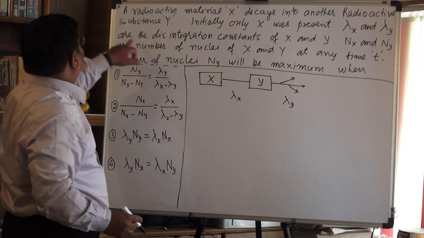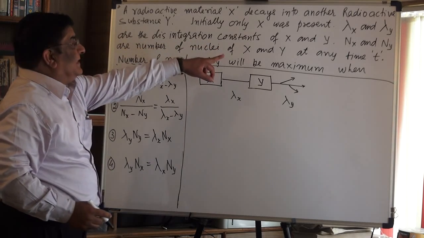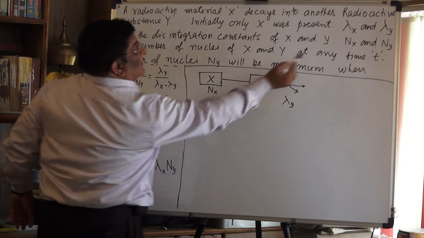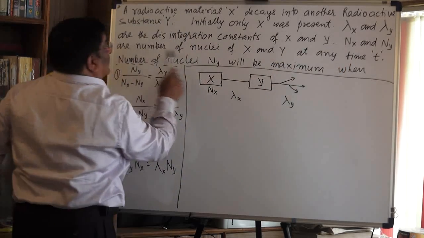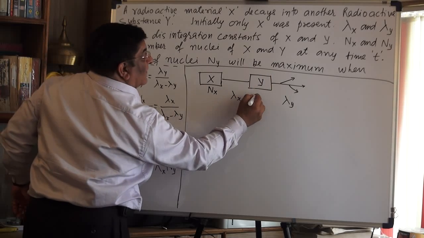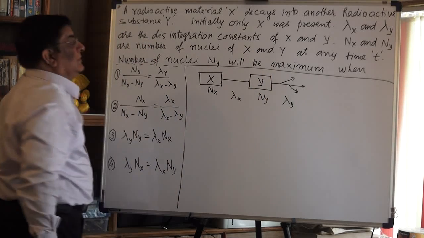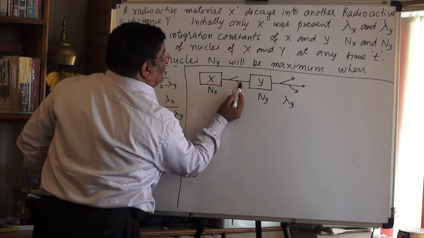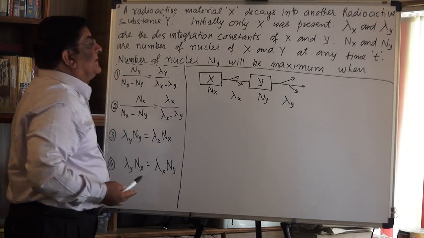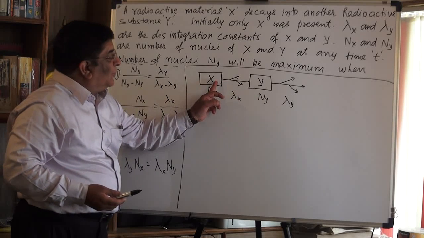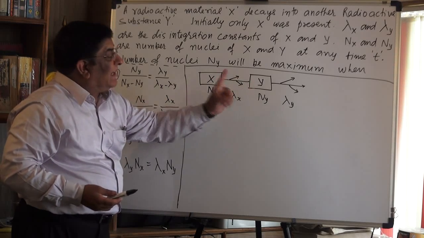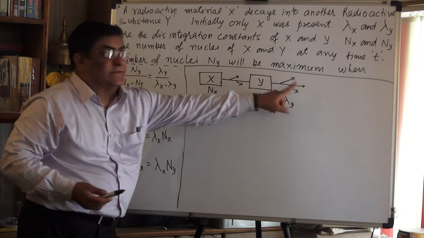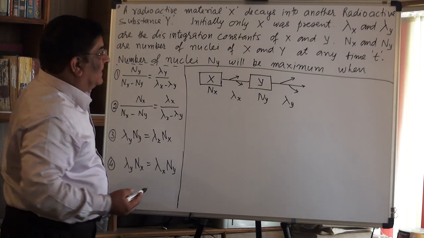At any instant, at any time t, these numbers are Nx and Ny. Okay, these are the numbers at any given instant. Now this Ny is being produced because of this reaction, and it is also decaying because of this disintegration.